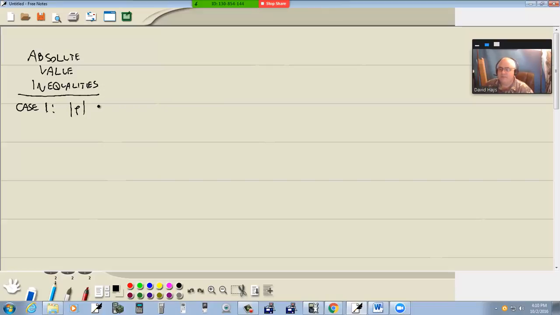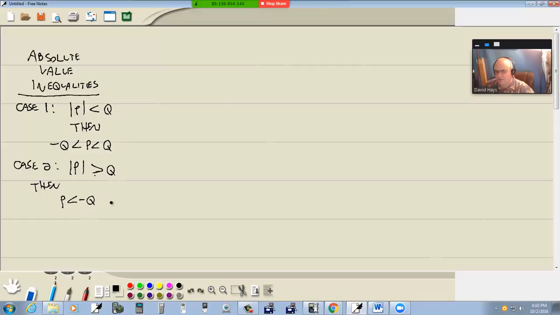We got the absolute value of something is less than something else. Then you got to rewrite it as negative q is less than p is less than positive q. And we got case 2 where you got the absolute value of something is greater than something else. Then you're going to rewrite it as p is less than negative q. There's an or here. And p is greater than positive q.